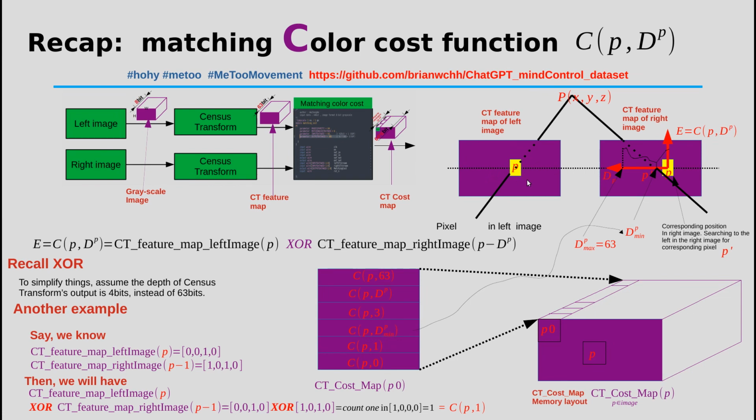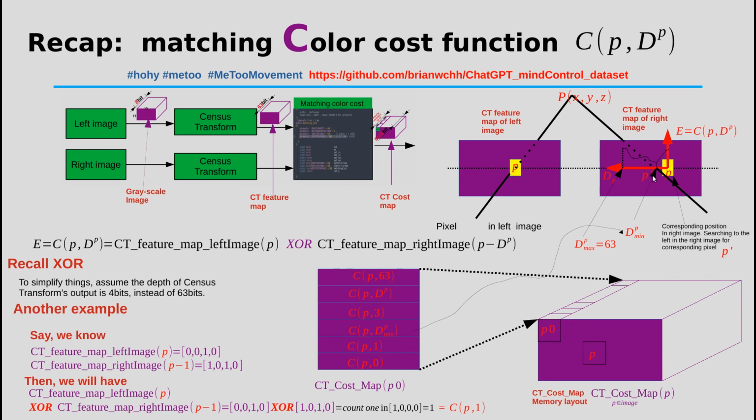And now we are using the XOR operation. This is the feature map. Each one is 63 bits long, and we do the XOR operation from it to the left, to the 64 candidates, left image against right image candidates.